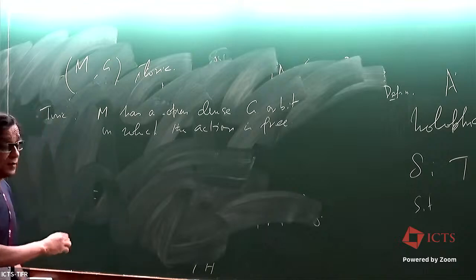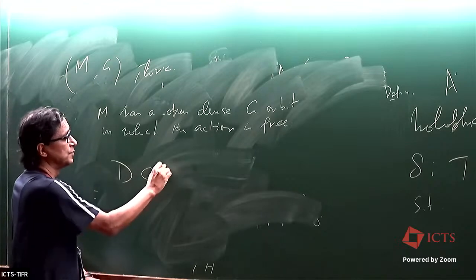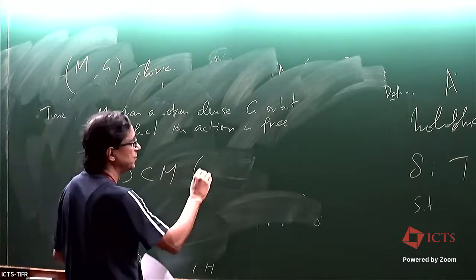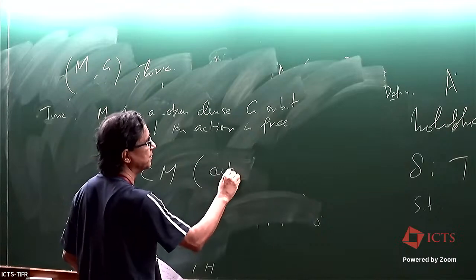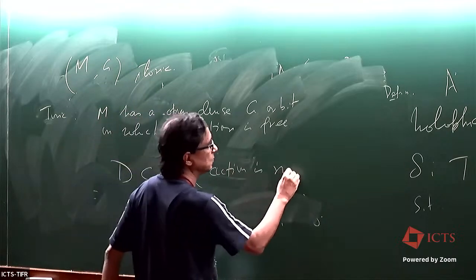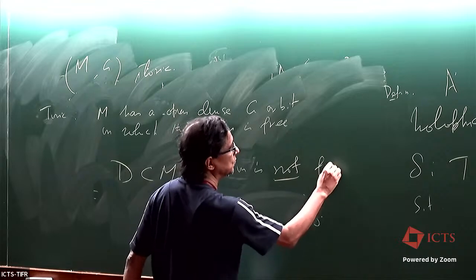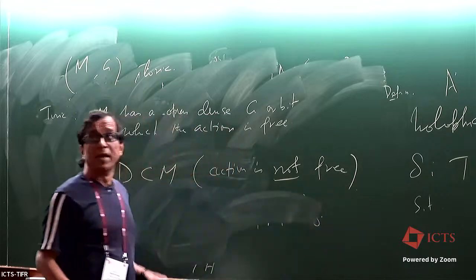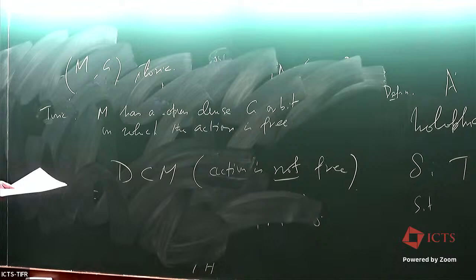Now we have a divisor D on M, but the action is not free. My M is a manifold, so this means D is a normal crossing divisor.